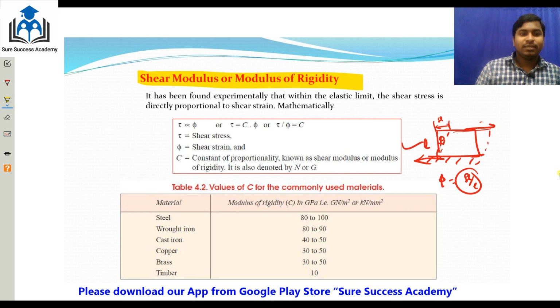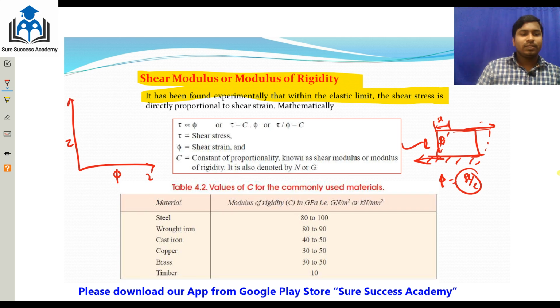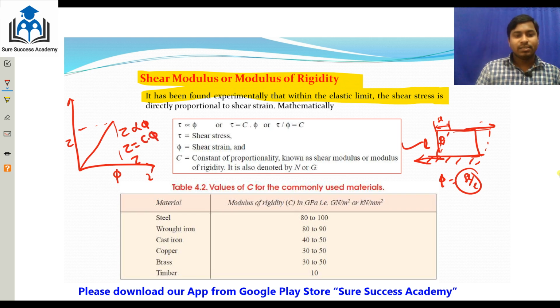Similarly, it is found that within the elastic limit, if you plot shear stress on the y axis and shear strain on the x axis, the shear stress is directly proportional to shear strain. This gives C times phi.